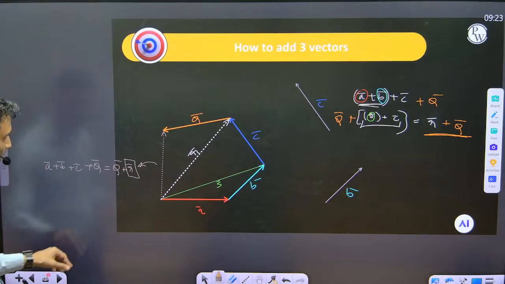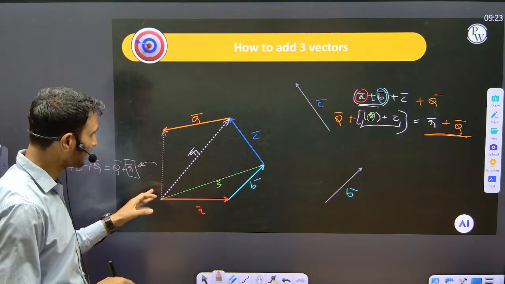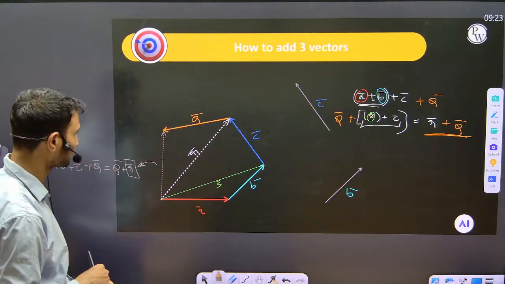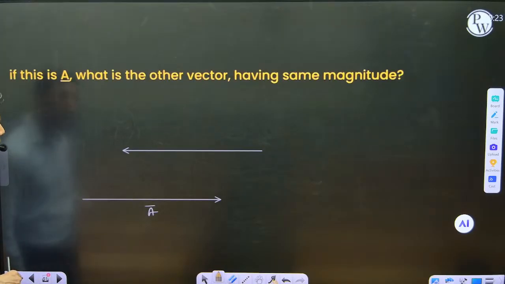I just showed you, right? Three vectors we added, and then we added a fourth vector q, and then the result was this vector, right? Now four vectors also done.